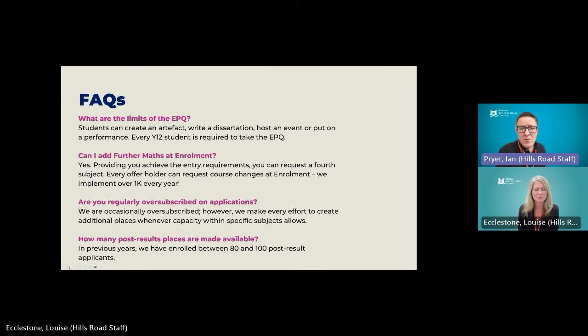Question about oversubscription. So are you regularly oversubscribed on applications? And I think the answer to that is that occasionally we're oversubscribed in certain subjects, but when that happens, we can see that on a couple of points in the process. Firstly, when we've had the guidance meetings and we're looking at the offers we're going to make, and then also at GCSE results.